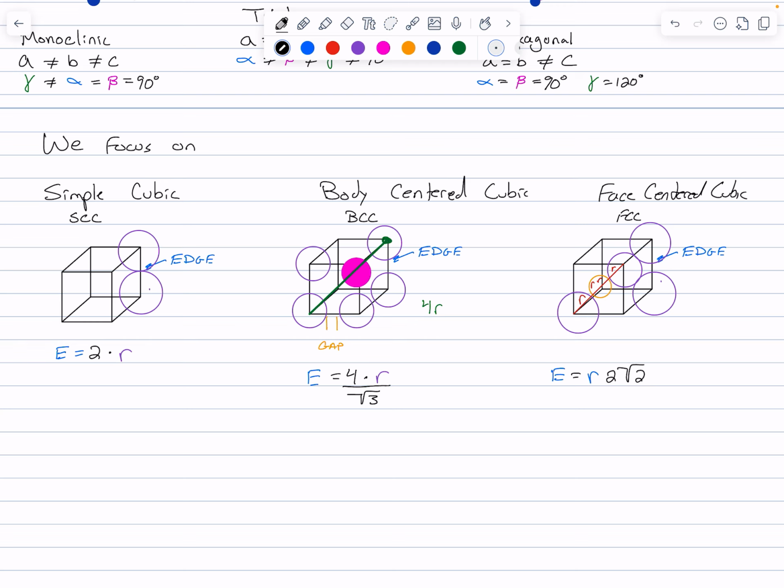If you know your geometry, we got a 45, 45, 90 triangle in face-centered. We got a 30, 60, 90 triangle in body-centered in a cube, and then it's just the edge of the cube. So those are the cubic structures for the problems we're going to deal with.